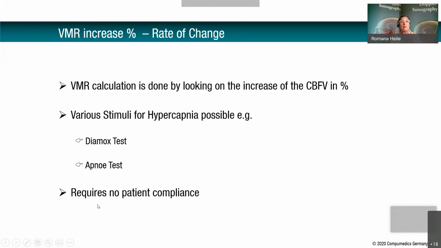The good thing is it requires not really patient compliance. But the bad thing is, at least the apnea test is not really reliable in that case. The DIMOX test would be then the better solution to look for more quality information.